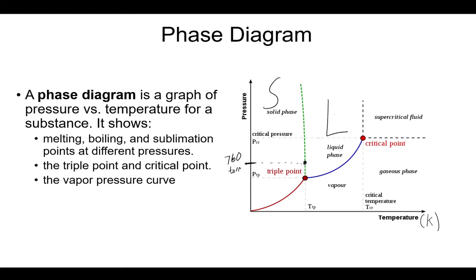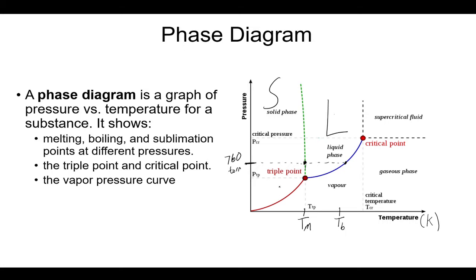So whatever temperature this is at, coming down here, will be my melting temperature. And likewise, if I walk over to here, this right here, that separates liquid from gas, well, that is my boiling temperature or vaporization temperature.